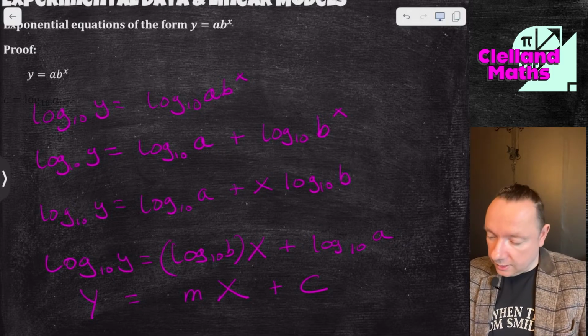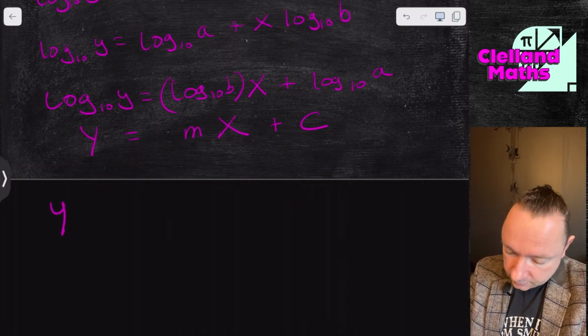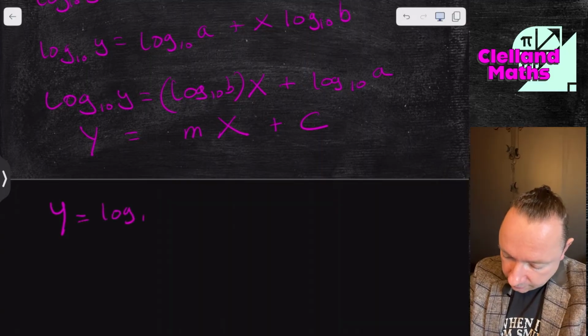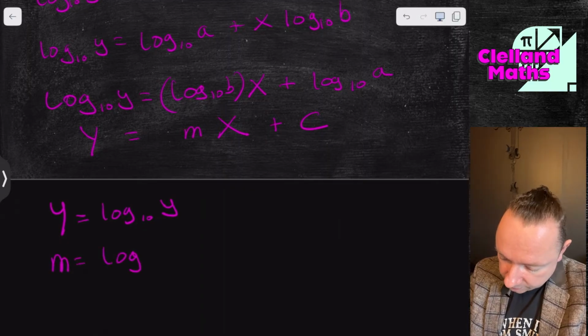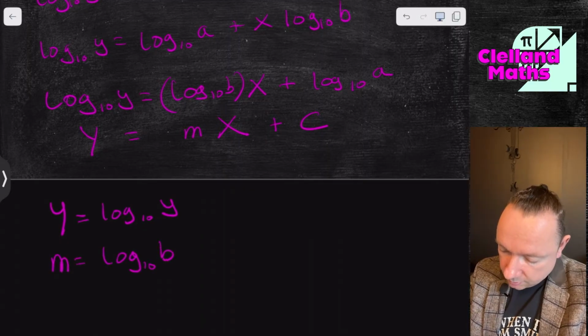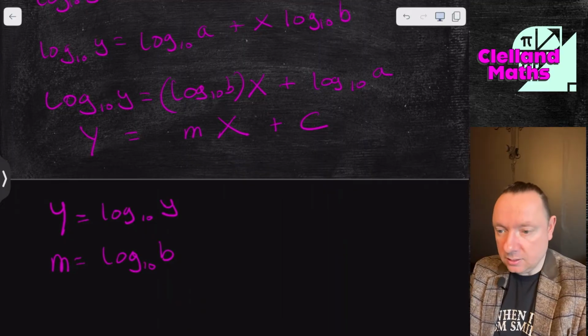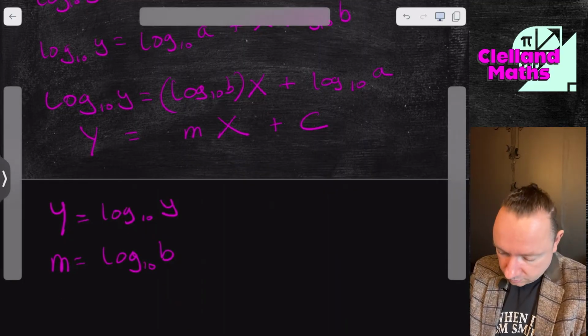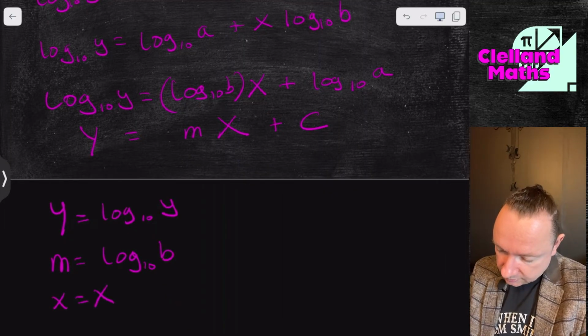That's basically what it is, where y equals log base 10 y, m equals log base 10 b, well, x is just x. So since x is just x, c is log base 10 a.